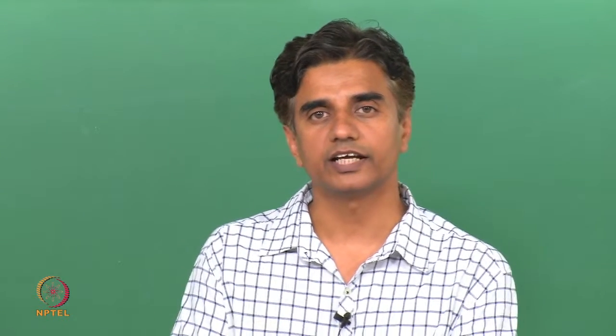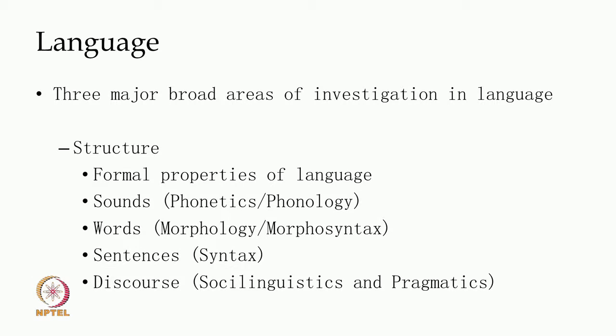When we want to understand the structure of language, primarily we need to look at three parts, that is sounds, words and sentences. There is a principle in understanding of language which is called autonomy principle. The point is, structure is autonomous of sense, of meaning.